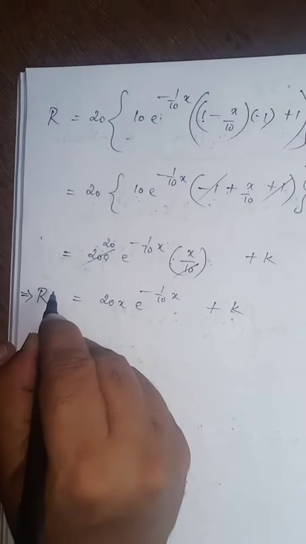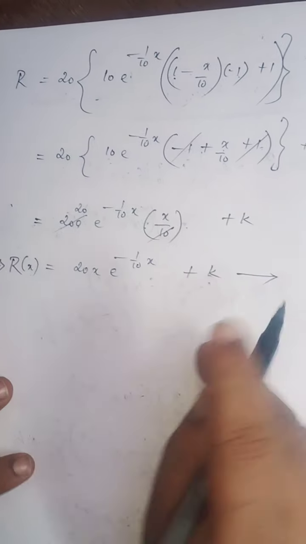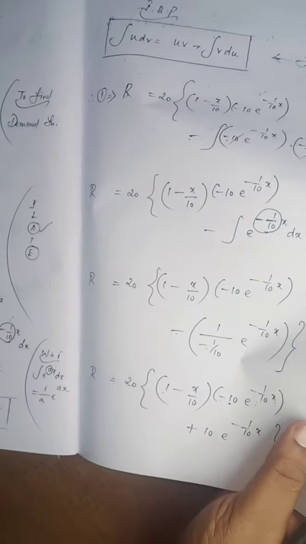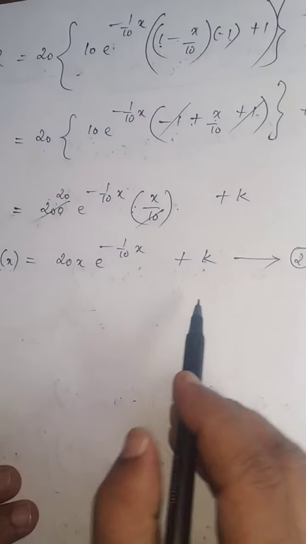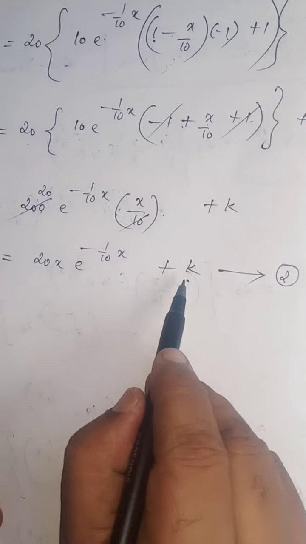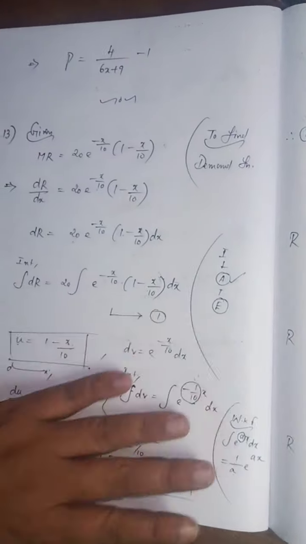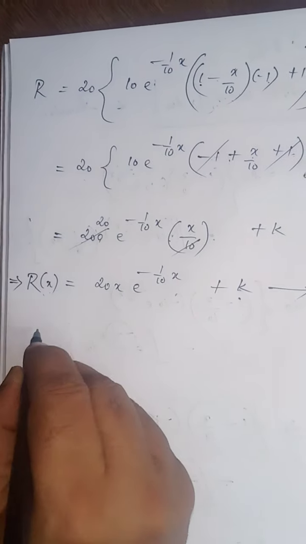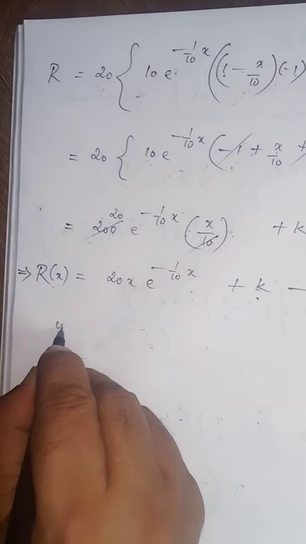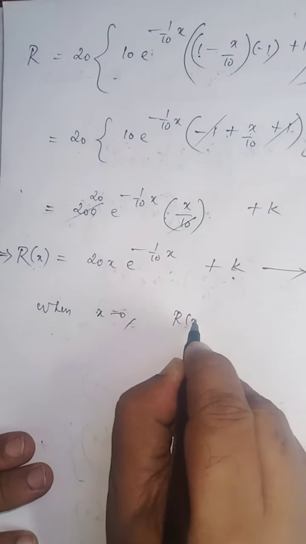So revenue in terms of x, we have to introduce x over here. Let it be number 2, since I have already taken 1. Now we have to find the value of k. For finding the value of k, no such condition is given in this problem. So as usual, you can consider R of x equal to 0 when x equal to 0.